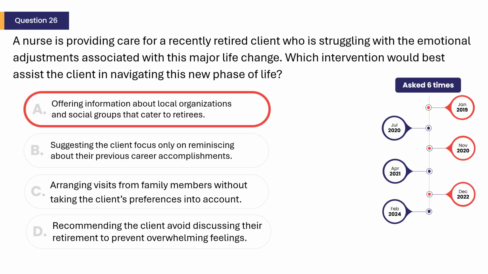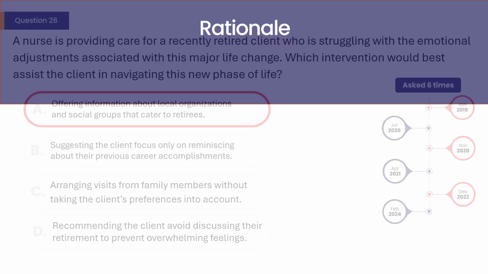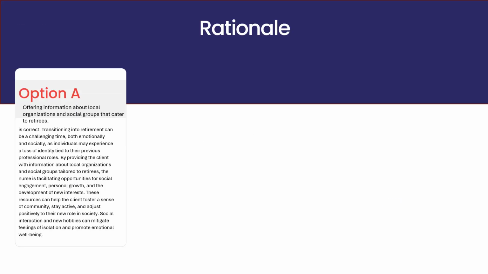Offering information about local organizations and social groups that cater to retirees. A is correct. Transitioning into retirement can be a challenging time, both emotionally and socially, as individuals may experience a loss of identity tied to their previous professional roles.